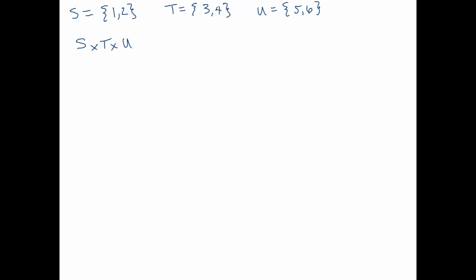So it's going to be the set of all three-tuples or ordered triples (X, Y, Z) such that X is an element of the set S, Y is an element of the set T, and Z is an element of the set U. So that's what our set is going to look like. It's going to be these three-tuples or ordered triplets. Let's go ahead and enumerate these.